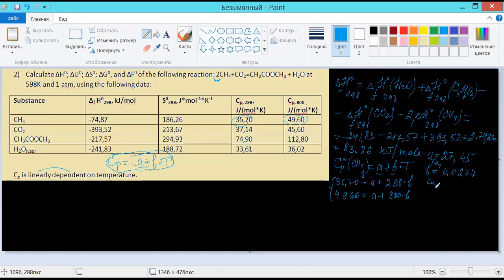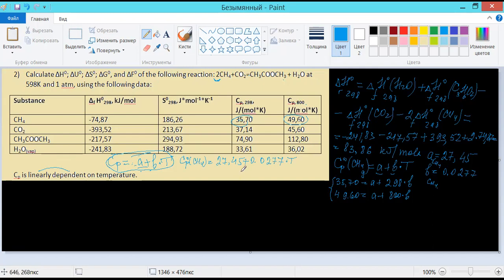In other words, for methane, we've got the following temperature dependence: 27.45 plus 0.0277 times T. Now we've got it.